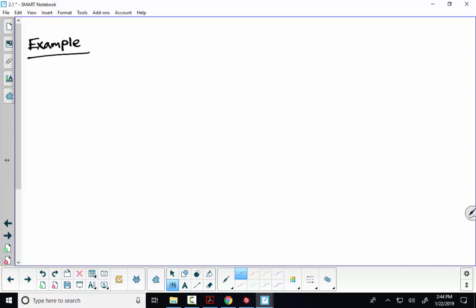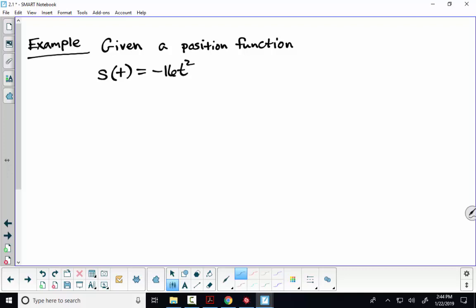So we have a position function, S of t, which is negative 16t squared plus 96t.